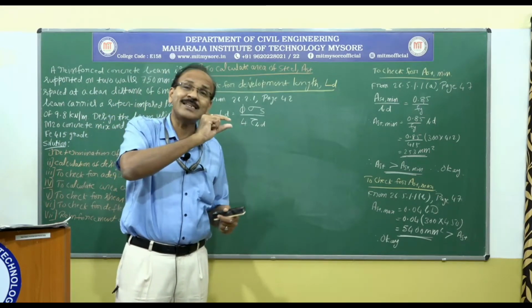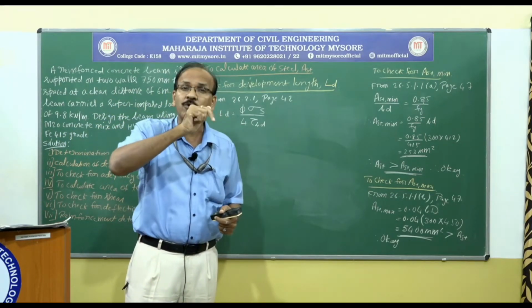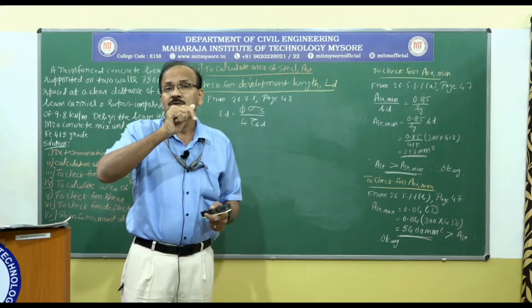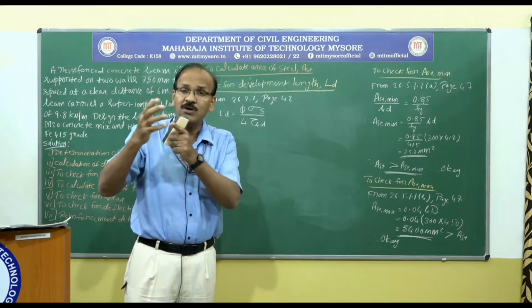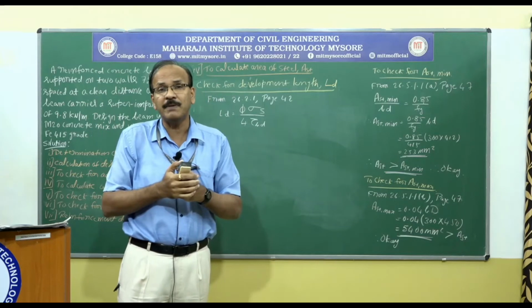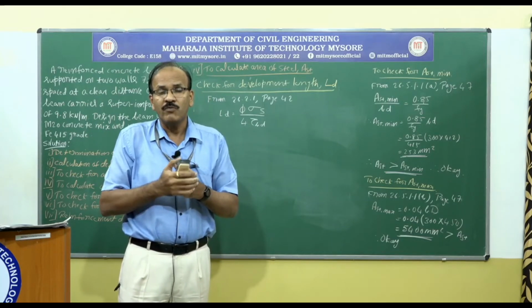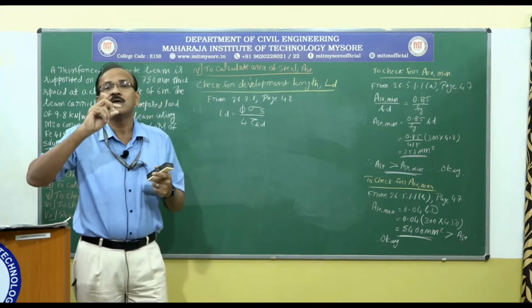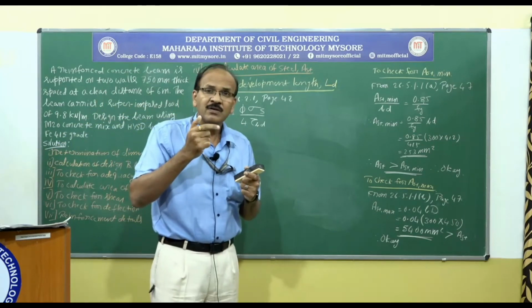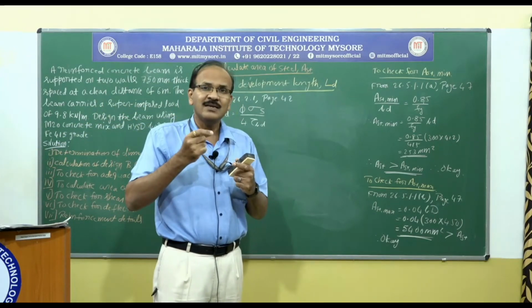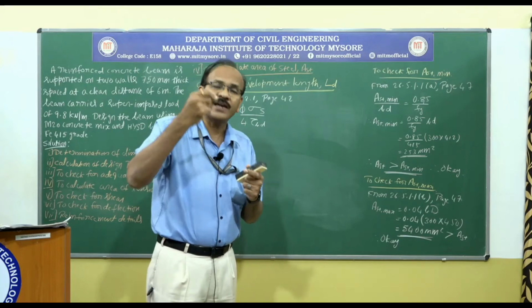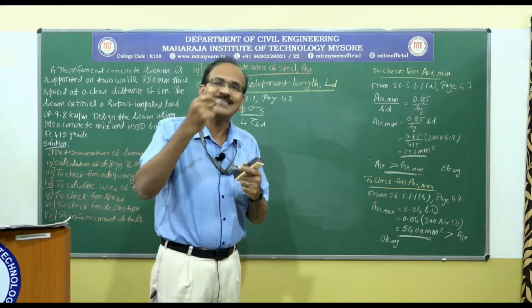In case of mild steel bar, the surface is smooth. So it will have a design bond strength of 1.2 Newton per millimeter square. When it comes to HYSD bar, the surface will be rough. So as a result, the design bond strength will increase. We can increase that value by 60%.